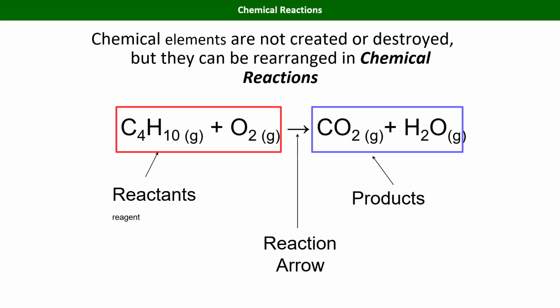So how come we have 4 carbons on the left, but only 1 carbon on the right? It got split up. If we're taking our C4H10, better known as butane, we're going to split it up and make carbon dioxide with it. Well, how many carbon dioxides could we make?